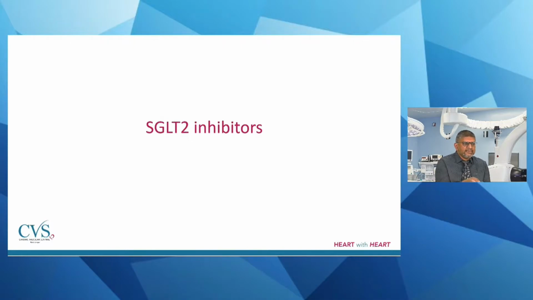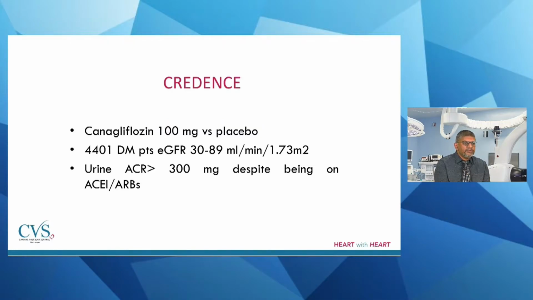SGLT inhibitors, the new kid on the block. I'll just talk a bit on the CREDENCE trial, where they used canagliflozin versus placebo. 4,000 patients with diabetes and moderate CKD, stage 2 to stage 3, with quite a bit of protein leakage.